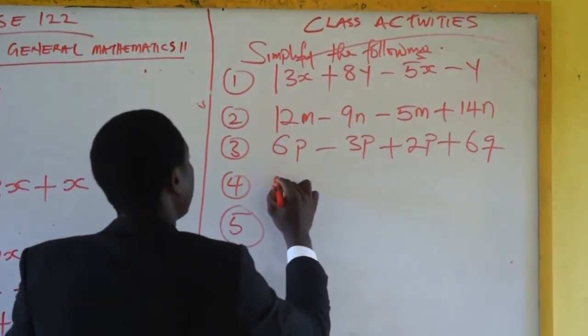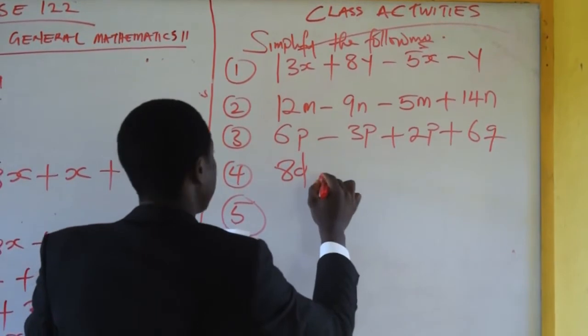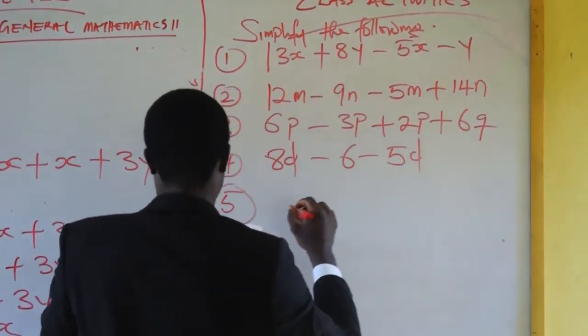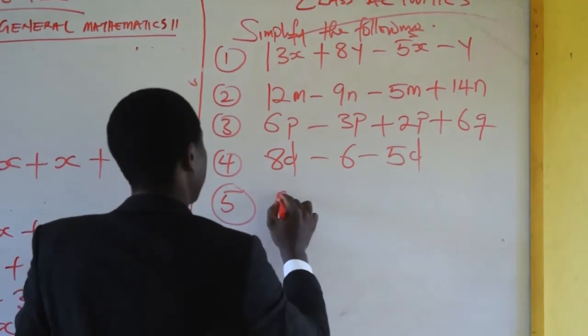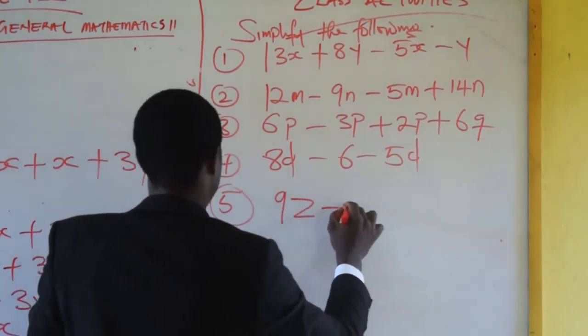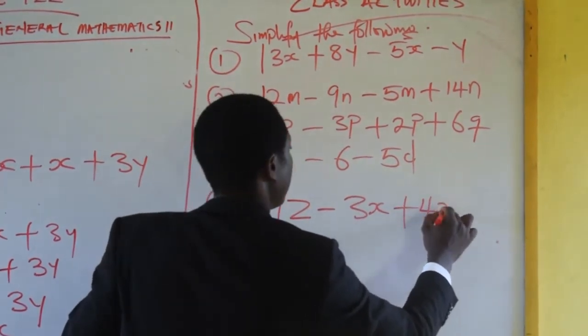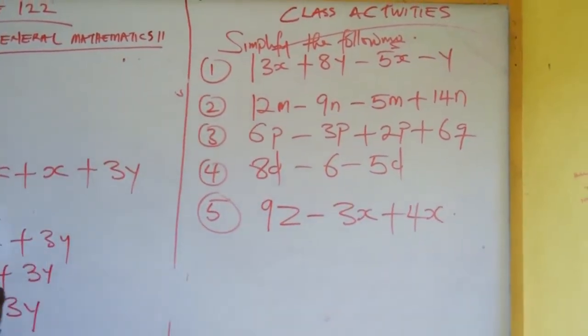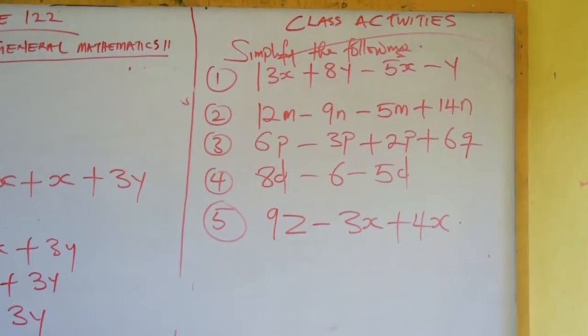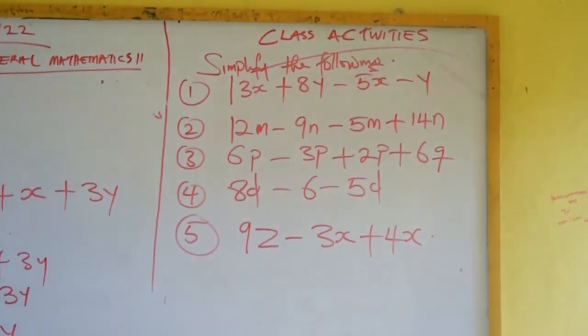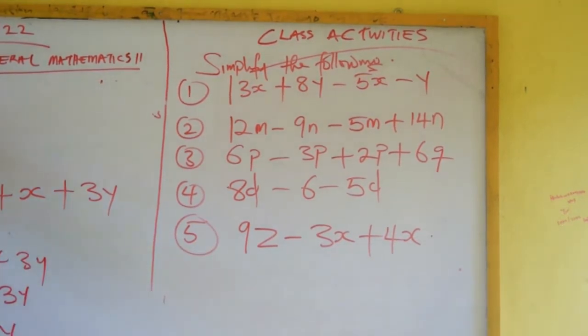Number 4, 8d minus 6 minus 5d. Number 5, 9z minus 3x plus 4x. Now, that simple class activity, you have to solve them and submit them before the next class.